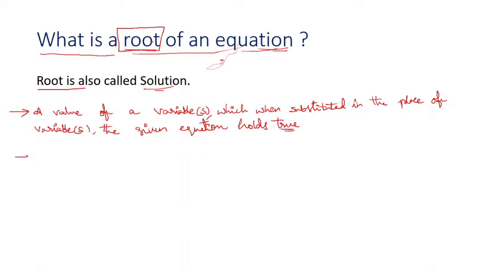So what does that mean? Root is a number or value of a variable which, when substituted in the place of the variable, the given equation holds true. This means that when we substitute that value or number in the place of the variables in the given equation, then that given equation holds true.